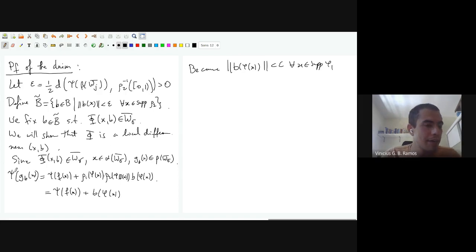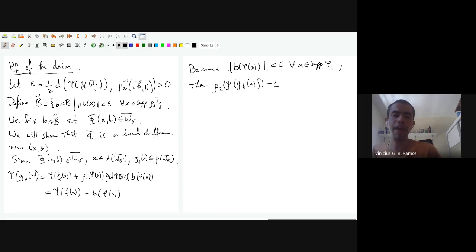What I want to say is that this phi of gb of x is still a point where rho 2 is equal to 1. That's what I wanted to say. So therefore, I have not left the support, because of the choice of epsilon. So that means that this expression here continues to hold in a neighborhood.